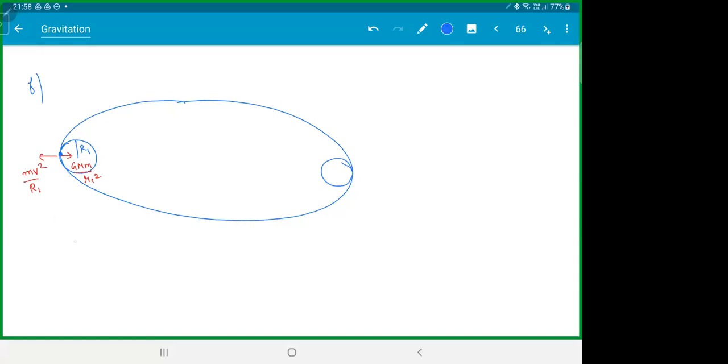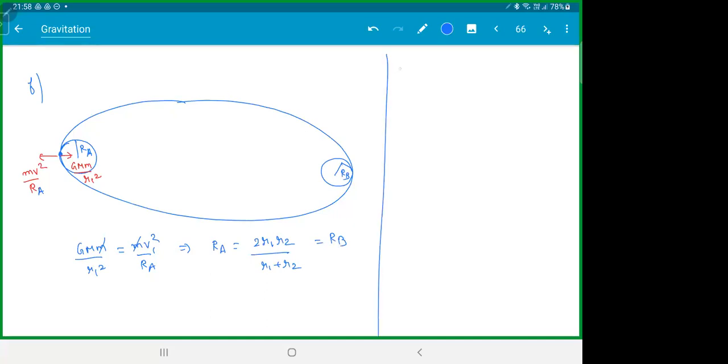So at point A, GMm by r1 squared will be m v squared by R_A. If you substitute all the values here, we get good values actually: R_A will be 2 r1 r2 by (r1 plus r2), which will also equal R_B because of symmetry. That's the radius of curvature.